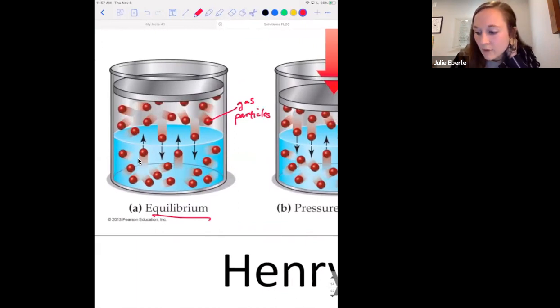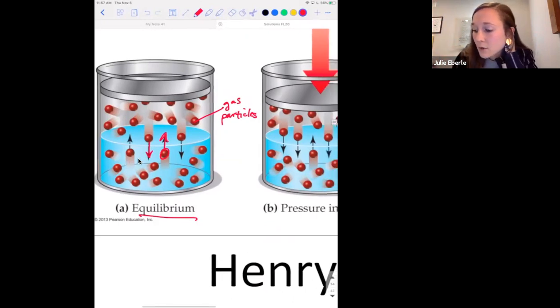They're all flying about and moving about. Even down in the liquid, they're moving about. And you have some gas particles that are escaping up into the air above the liquid, and you have some that are casually dissolving. So it's back and forth, and that's what equilibrium is. And it's equal. The gas particles escaping versus the gas particles coming back into the liquid are equal.